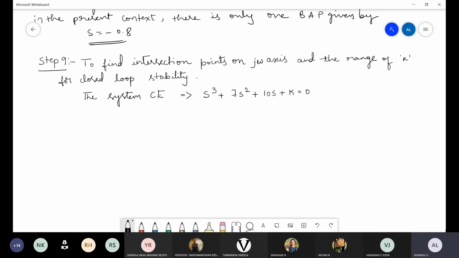Doing the RH criteria is once again a tedious job. So what we can do is let s equal to j omega.